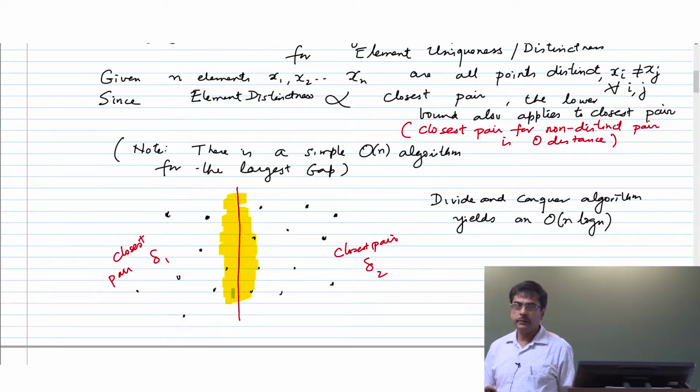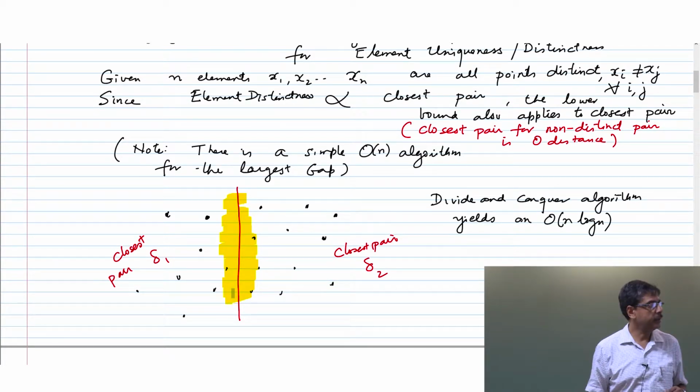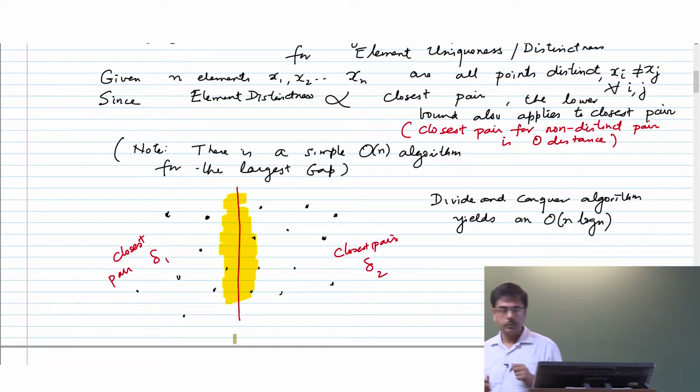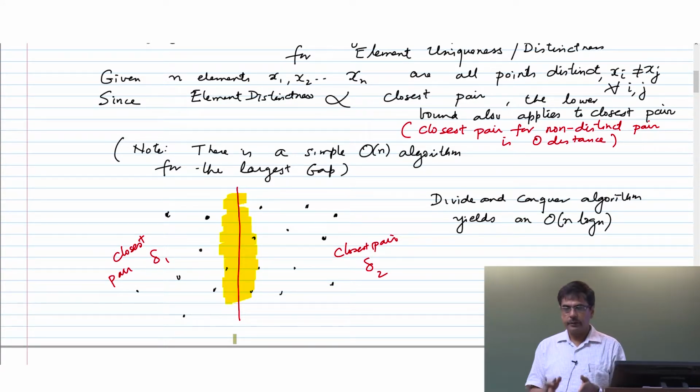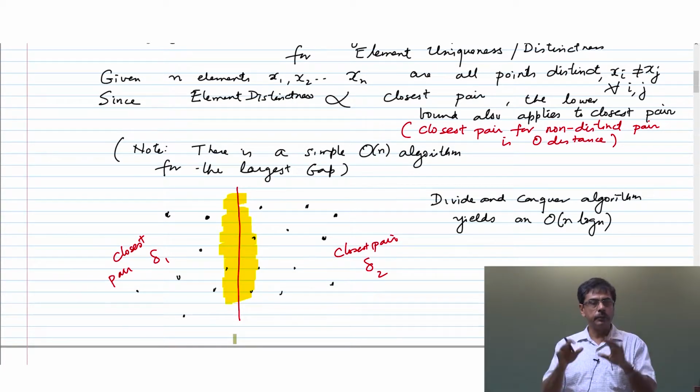And for that you need to use some geometric arguments, about how many points can be very close in the boundary, given that on one side the closest pair is delta 1 distance, and on the other side the closest pair is delta 2. So eventually it comes down to using some packing arguments to get to a recurrence like T(n) equals 2 T(n/2) plus the merge cost, because you have solved the problem for the 2 halves, and then for combining you need that packing argument to show that there are no more than order n pairs that you have to check.